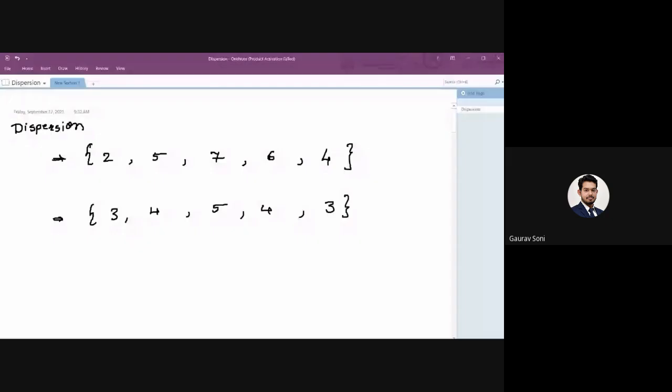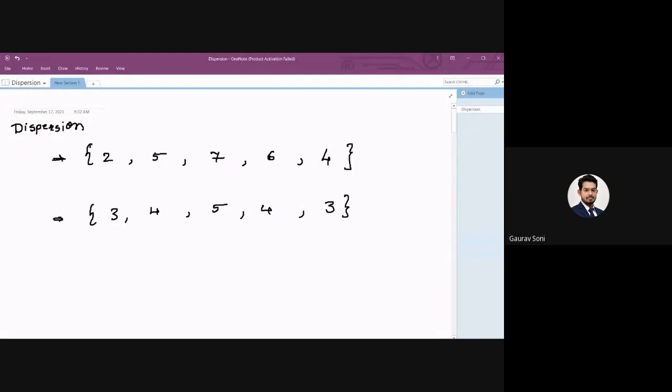It has many unique values and they are not consecutive. So in the first set, as we can see, the range is larger. There is someone of 2 feet as well as one person of 5 feet.